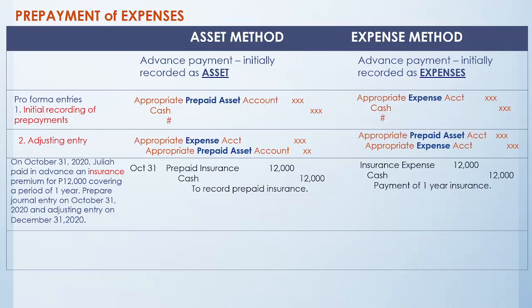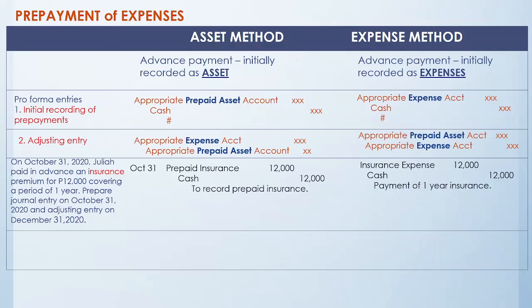As you can observe, the clue in the preparation of the appropriate accounts is the transaction itself, like this one: insurance. So therefore, this pertains to prepaid insurance, and using the expense method, insurance expense.